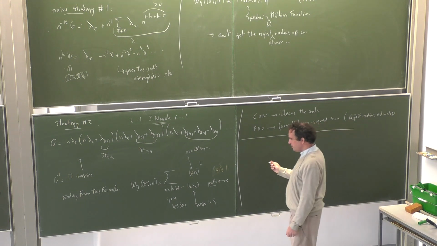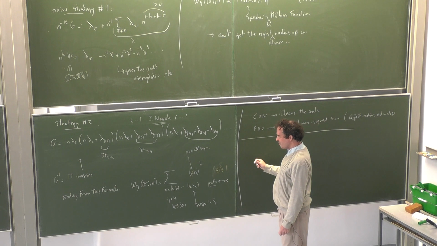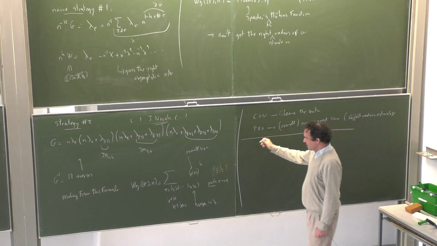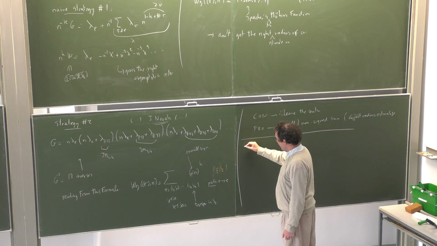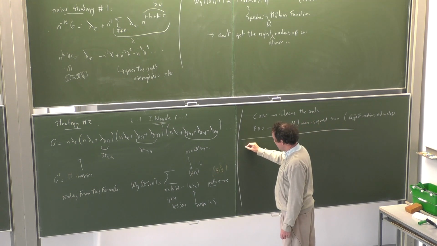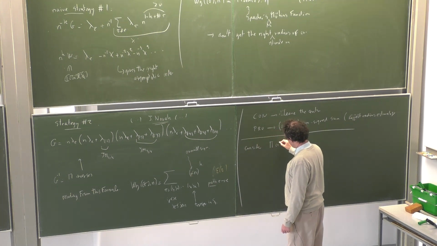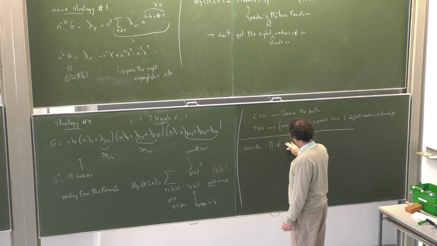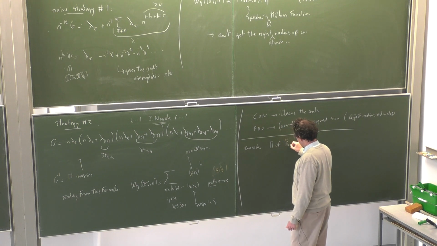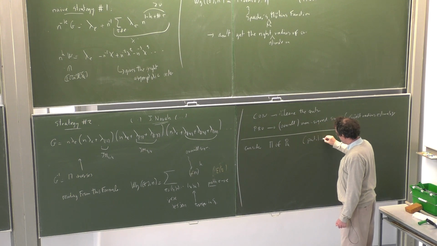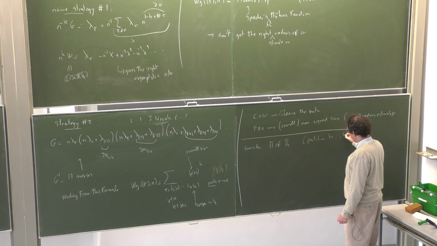For this, I will just do a mind experiment for now, which is to look at a similar formula, but now I'm going to add a partition pi of the set of k elements.